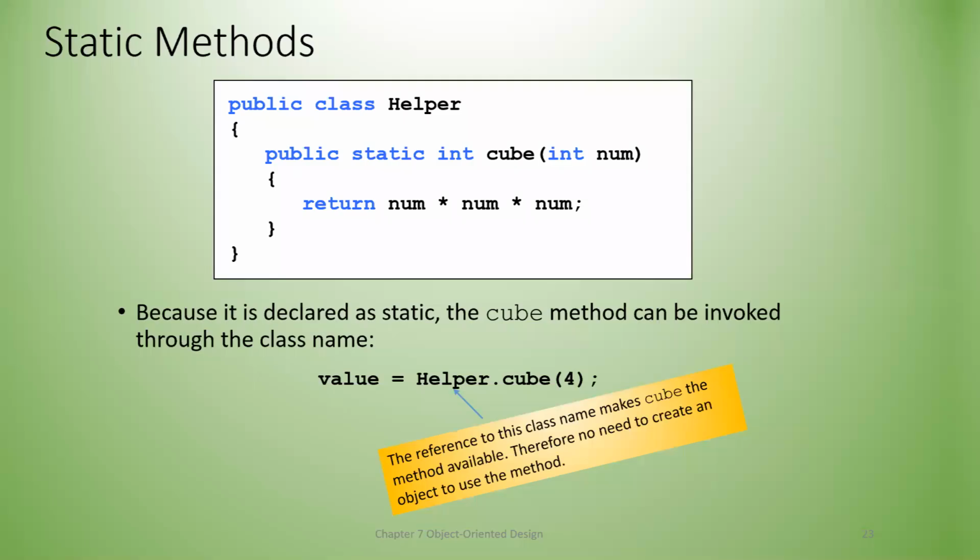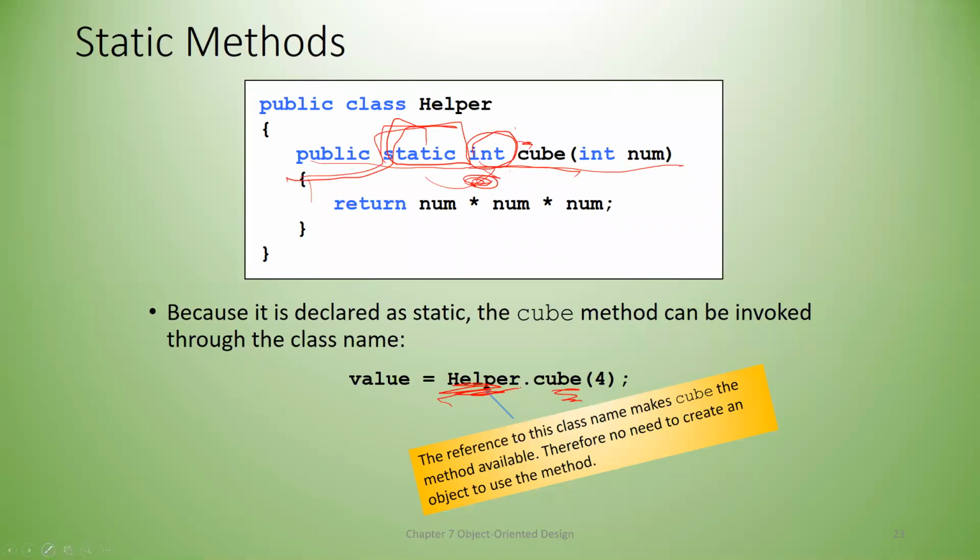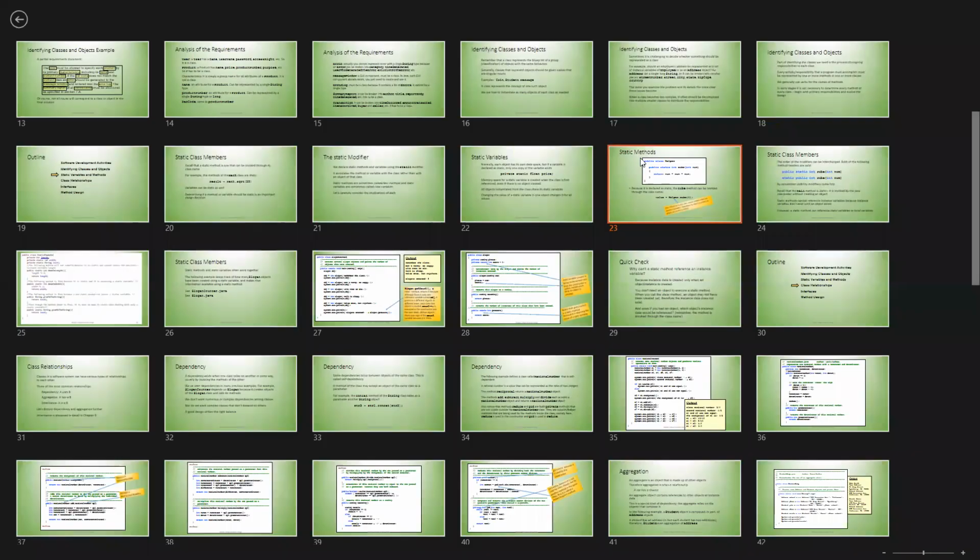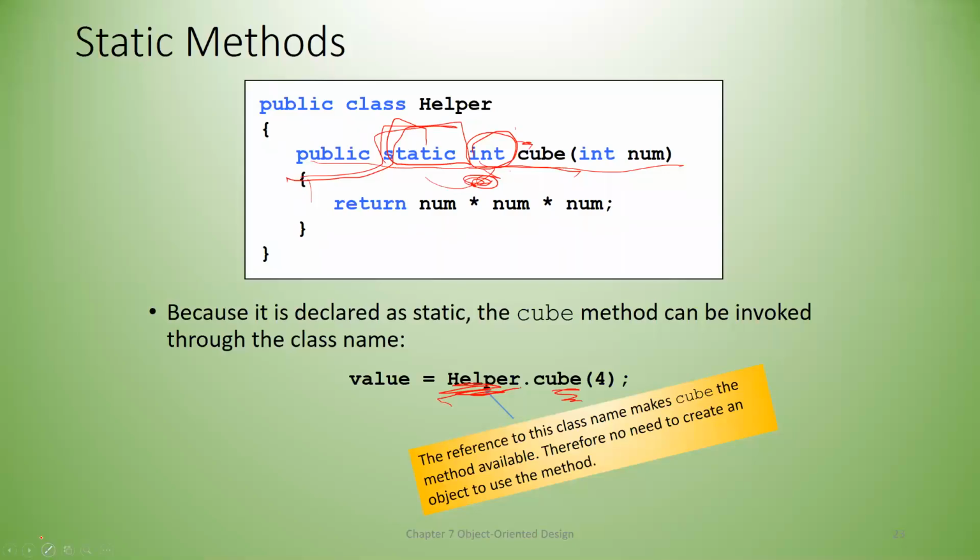So look at this. The class name is referenced here. The class name is referenced. And so we can call this method because this method is static. So that's what we meant when we say as soon as a class name is referenced, the method exists and you can reference it, you can use it.